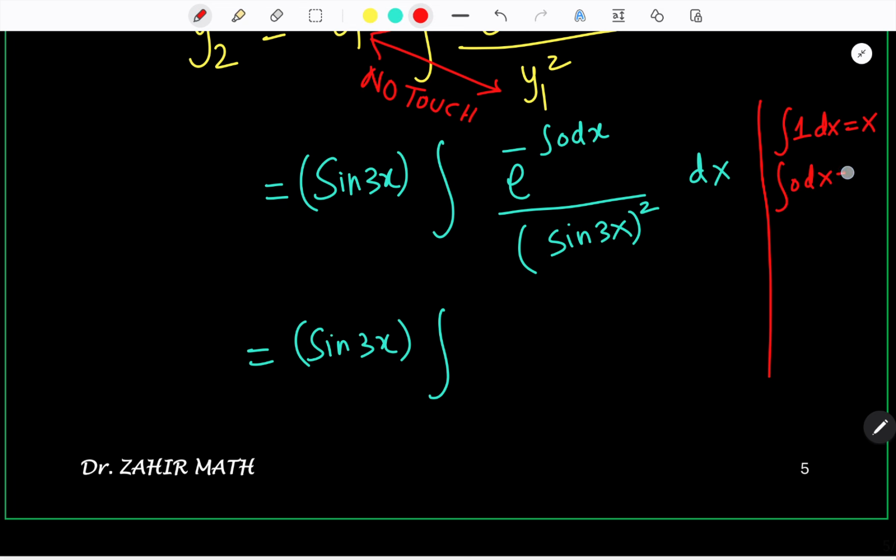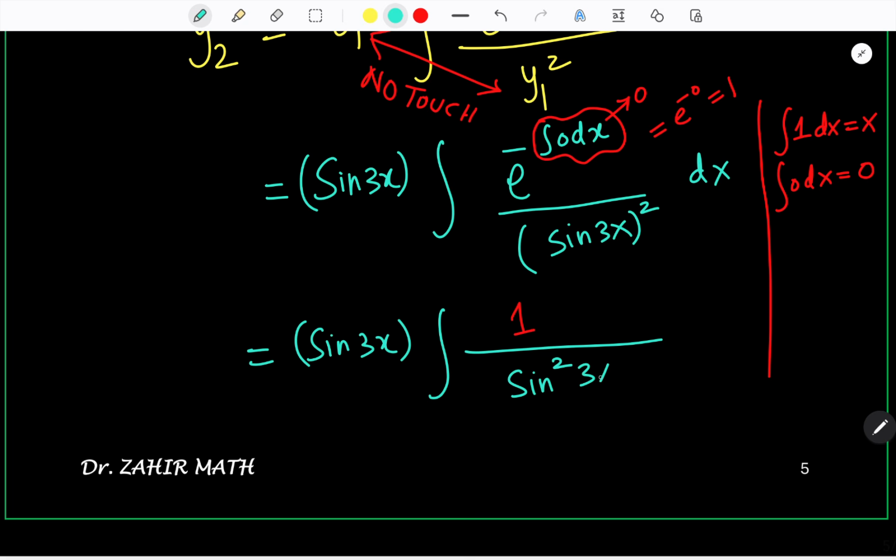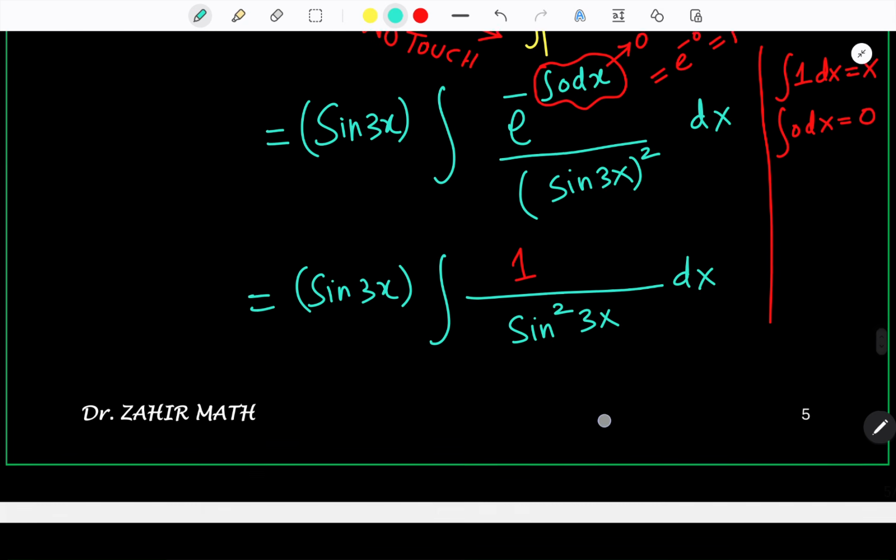What is integral 0 dx? It is 0. So e power negative 0 is 1. So you are going to get 1 divided by sine square 3x, dx.